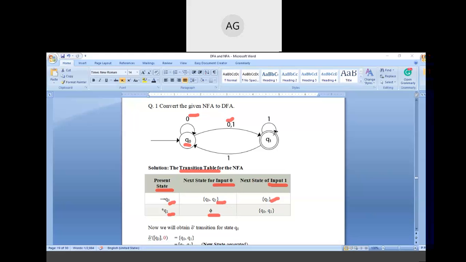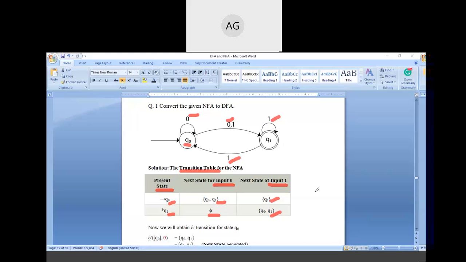And on getting input 1, we can stay at q1, or we can move to q naught. So it will contain both states, q naught and q1. So we can complete the transition table from the transition diagram so that it can easily be understood.